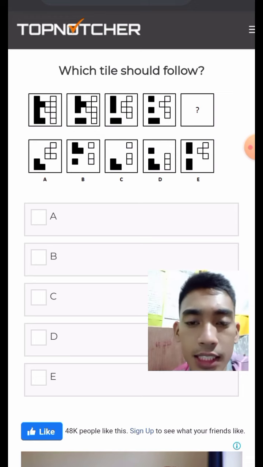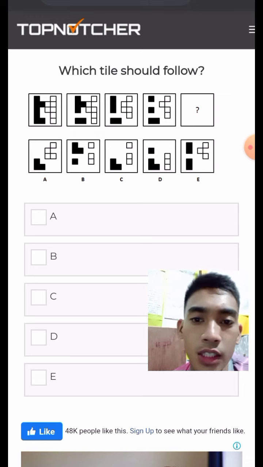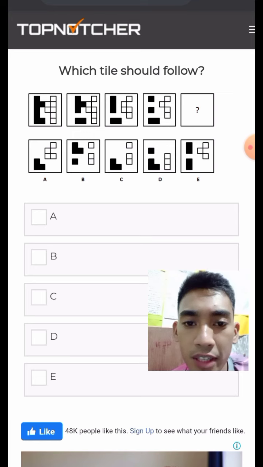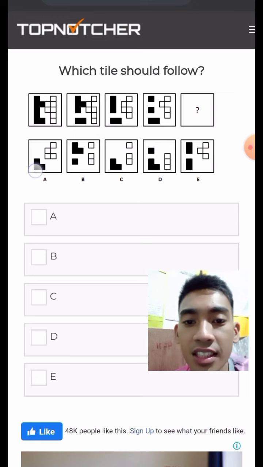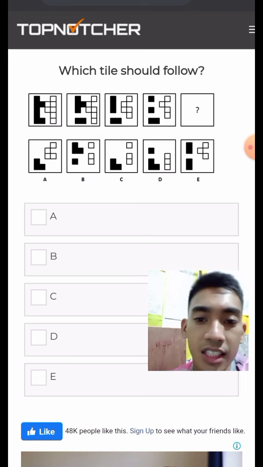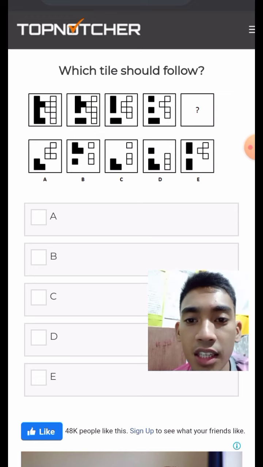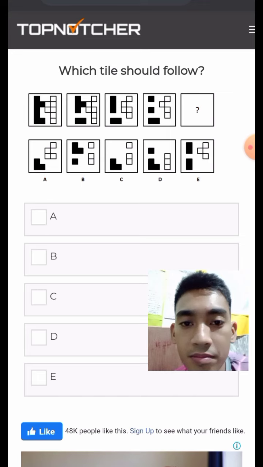Next broken. Next broken. Only one breaks. They are getting separated. It could not be A. It could not be C and D. It could be B or E. But let's try E.